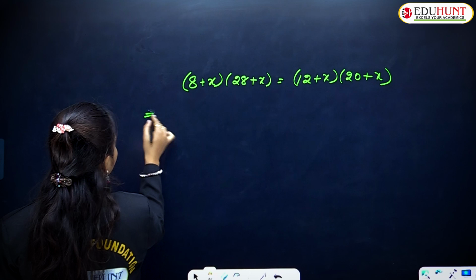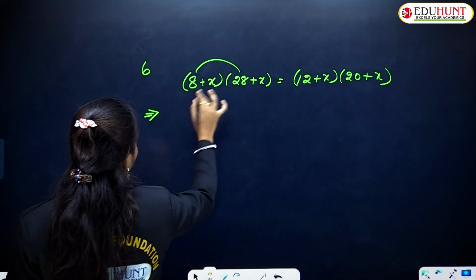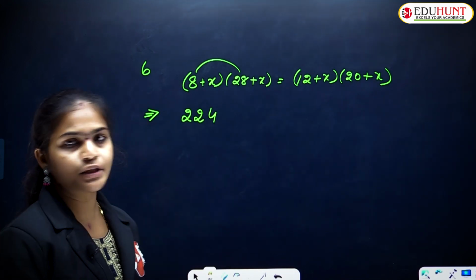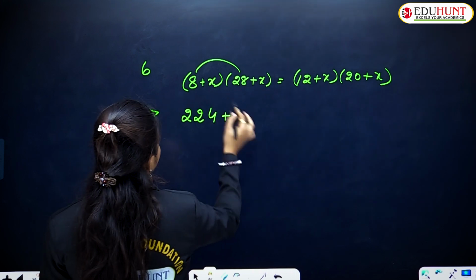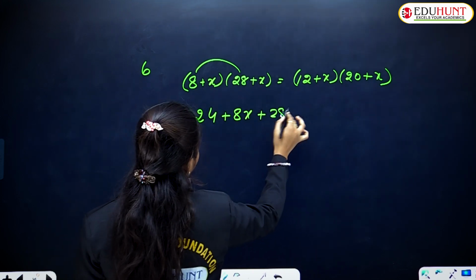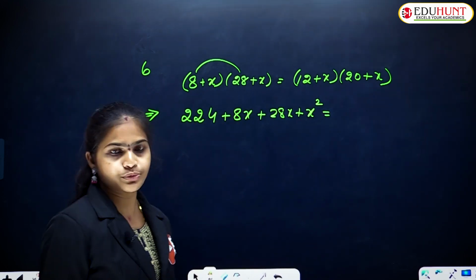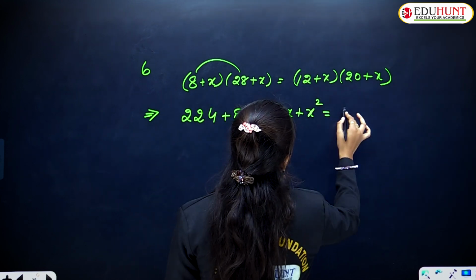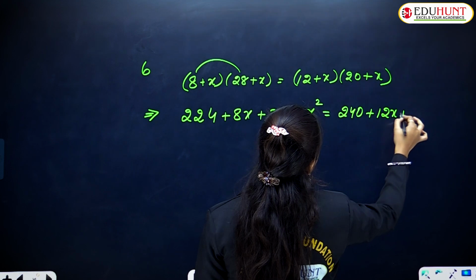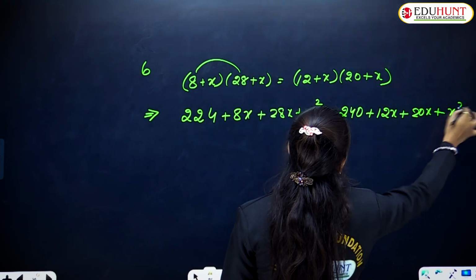Simplify this now. 8 into 28 is 224. Plus 8 into x is 8x. Plus 28 into x is 28x. Plus x into x is x square, which equals 12 into 20 is 240, plus 12 into x is 12x, plus 20 into x is 20x, plus x into x is x square.